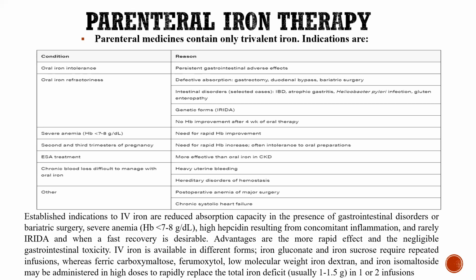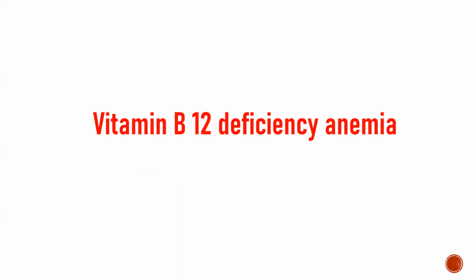Intravenous iron is available in different forms. Iron gluconate and iron sucrose require repeated infusions, while ferric carboxymaltose, ferumoxytol, low molecular weight iron dextran, and iron isomaltoside may be administered in high dosages to replace the total iron deficit in 1 or 2 infusions.